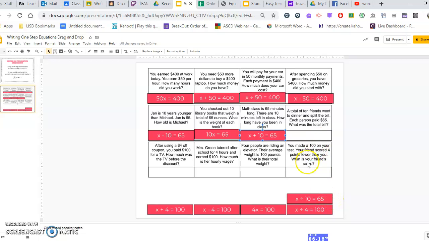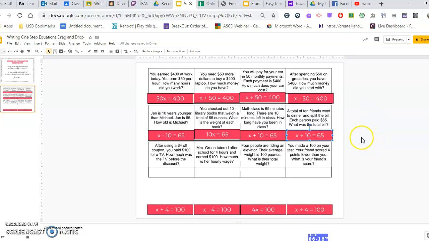So if we're looking for the total, if we take that total and split it up by the 10 friends, then it would equal 65 that they each paid, which would be this one. The total divided by the 10 friends, when they split it up, equals 65. So they went to dinner, divided the bill by 10, and it equals 65.